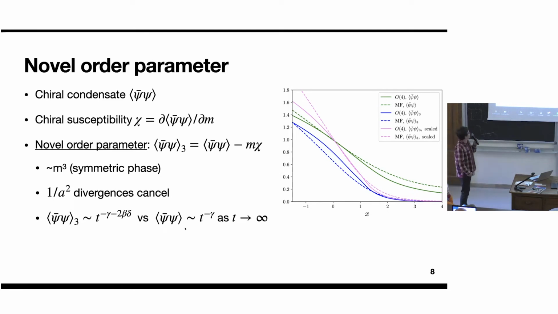As I mentioned, any linear contributions in mass are absent in this combination. In particular, the leading divergence, which is proportional to 1 over a squared, is also absent in this contribution, which is very nice for studying. And in the chirally restored phase, if we look at the Taylor expansion in mass, then it starts from m cubed.